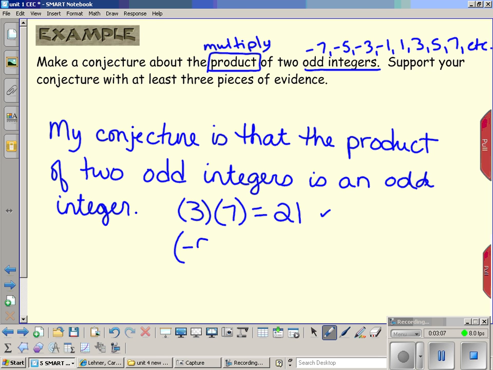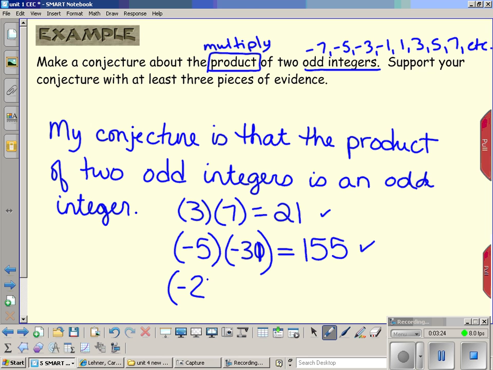Maybe I decide to test it now with -5 and -31, sorry. -5 and -31 is going to be 155. That is odd. Good. Maybe I test it with -211 and +17. That's -3,587. Still an odd number.